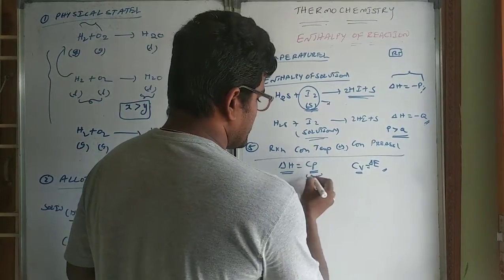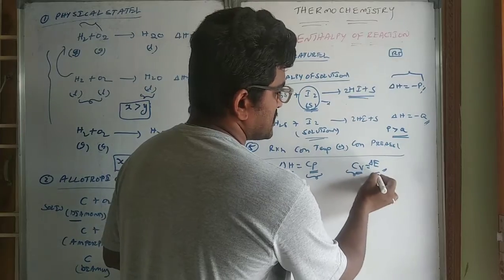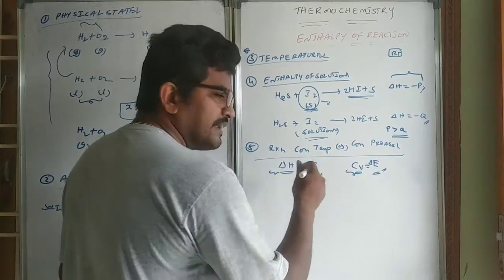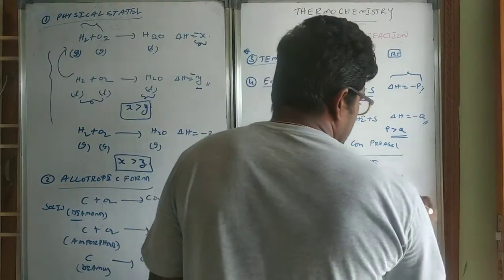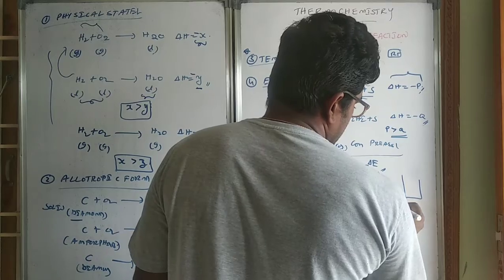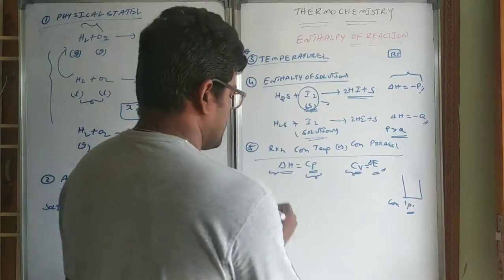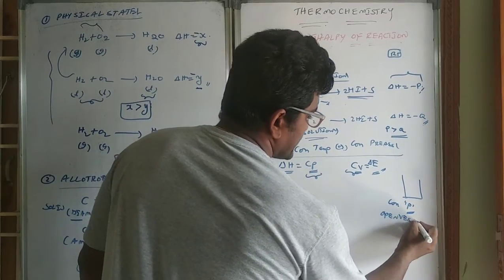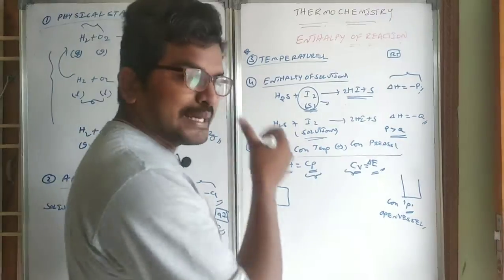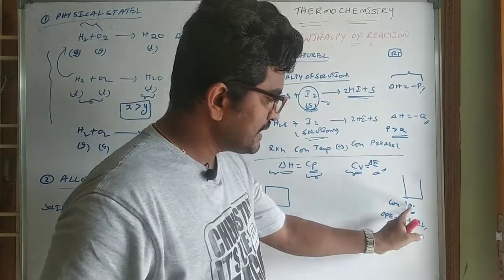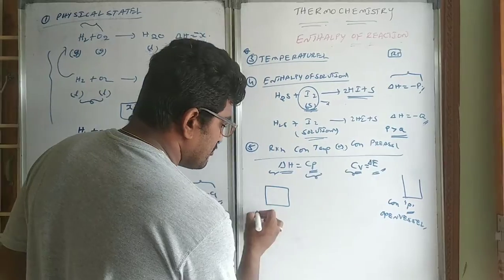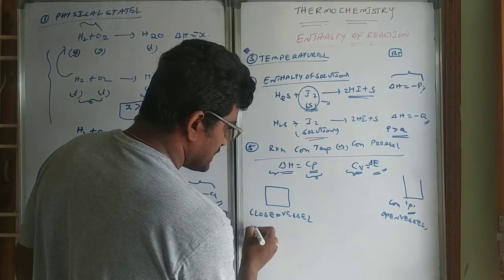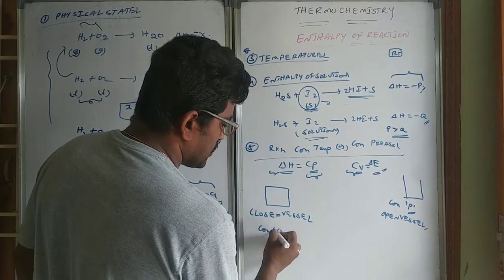So heat capacity at constant pressure is delta H, heat capacity at constant volume is delta E. Whenever you carry out any reaction in an open vessel, that is constant pressure. Whenever you carry it out in a closed vessel, it will be constant volume.